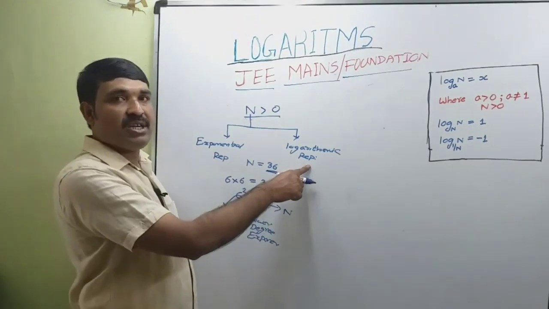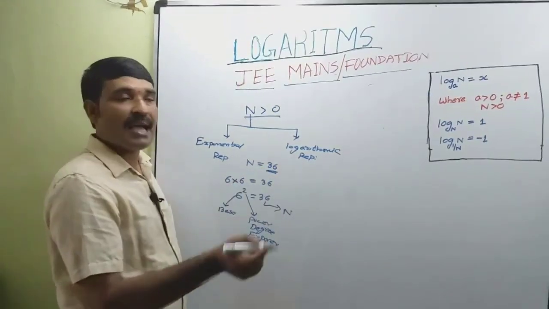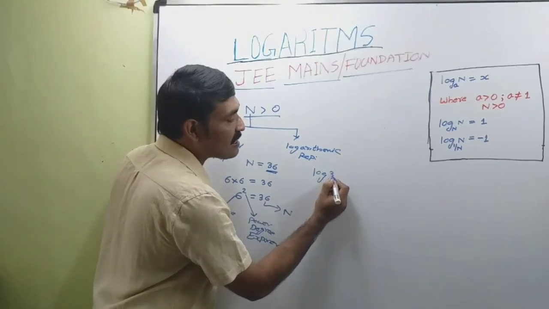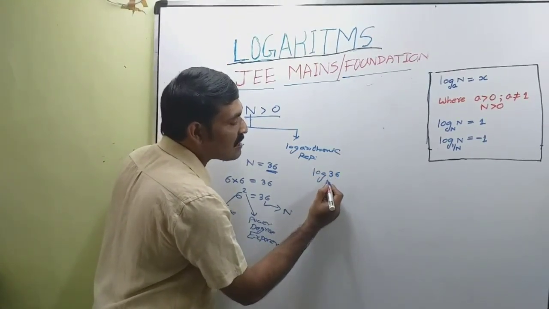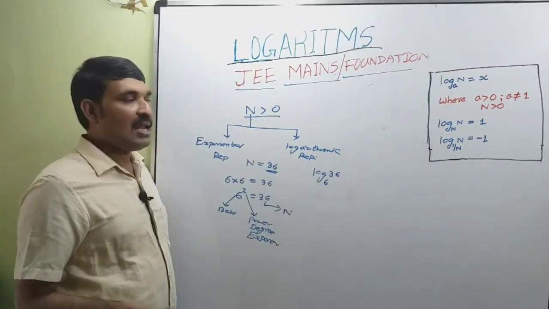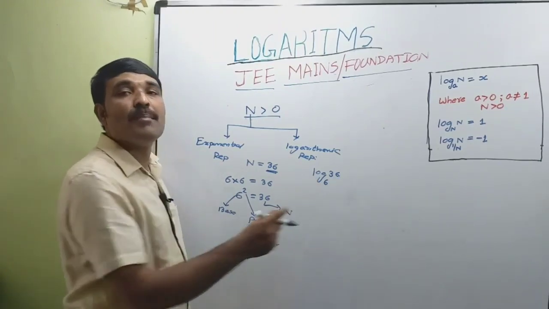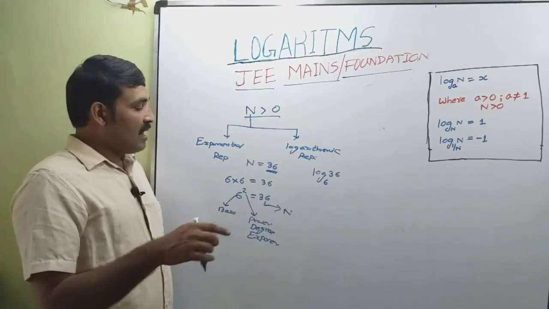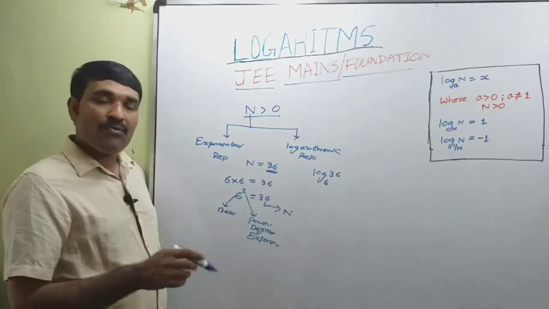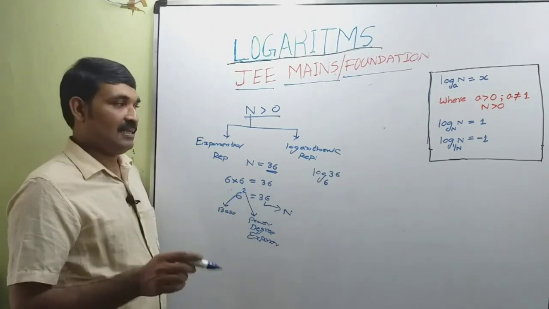In logarithmic representation, we can represent the number 36 as log 36 to the base 6. This is the logarithmic representation, and this is read as log of 36 to the base 6, and this is read as anti-log of 2 with respect to the base 6.